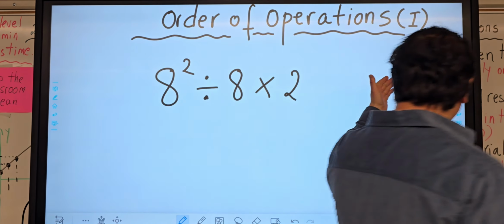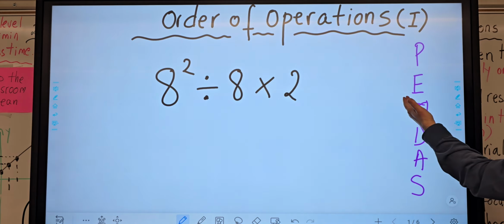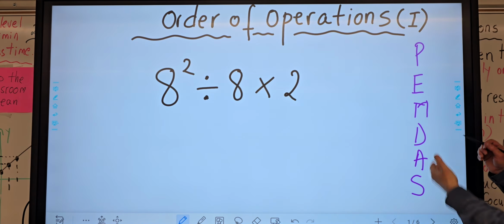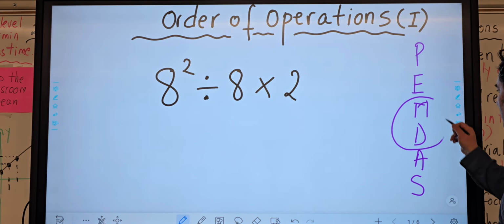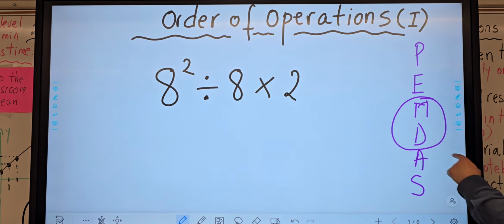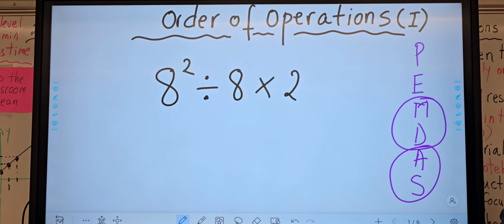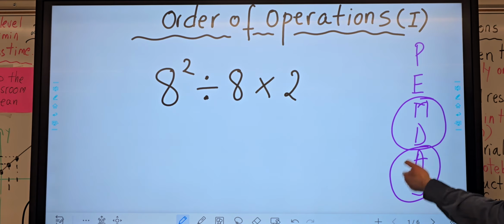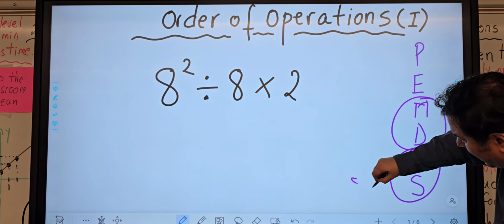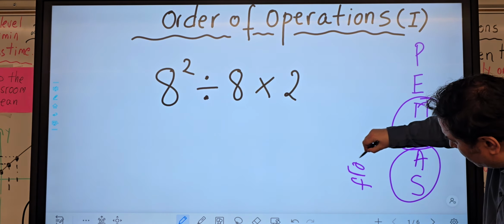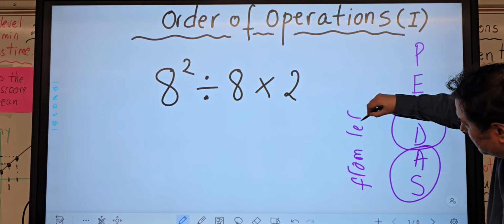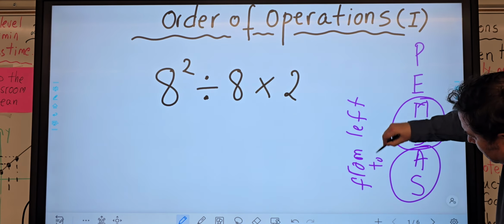P stands for parentheses, E stands for exponents, M multiplication, D for division, and I'm grouping them together. And then A stands for addition and S for subtraction, and I'm also grouping them together. And I'm going to write here by this side, from left to right.